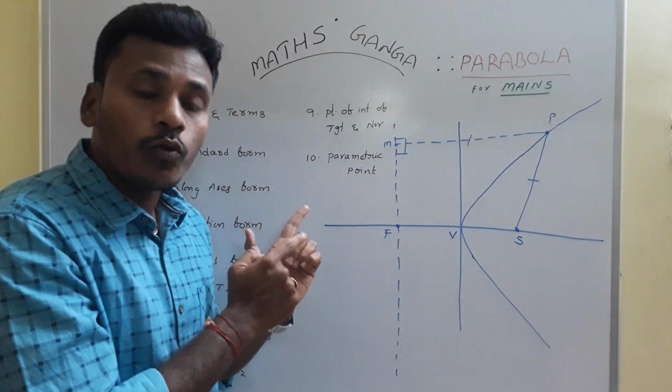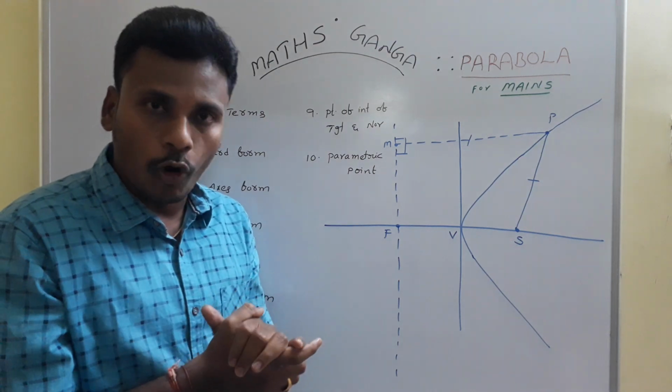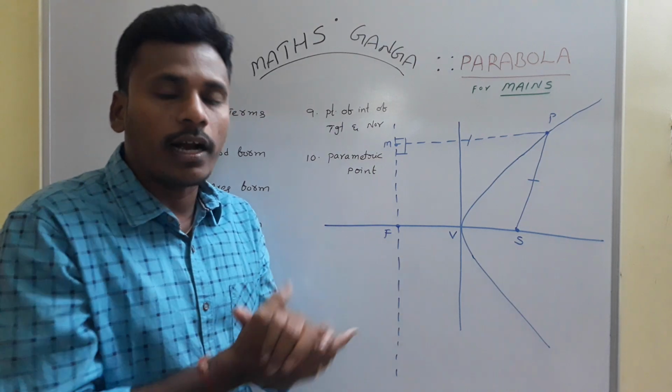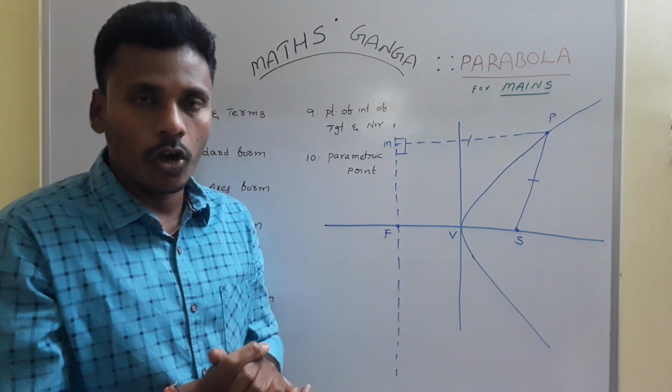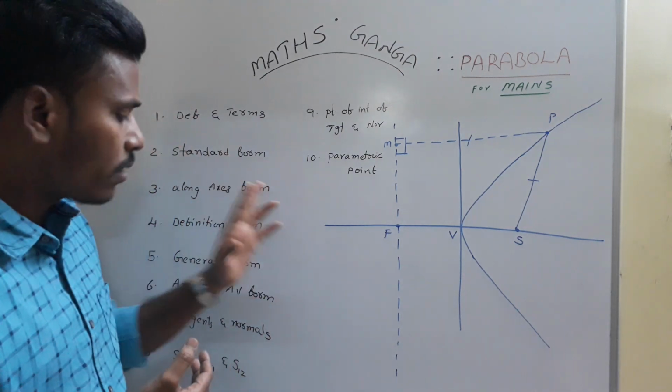These 10 conceptual ideas are very helpful in attempting different problems of previous mains questions as well as the coming mains examination. So one by one I am going to deal with these items.